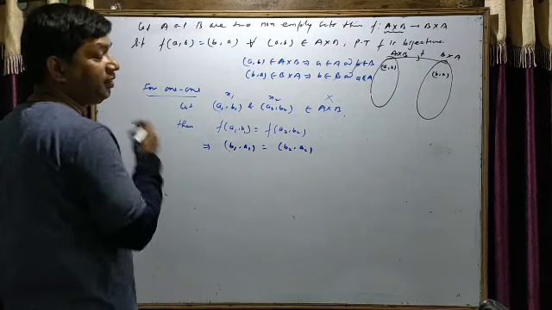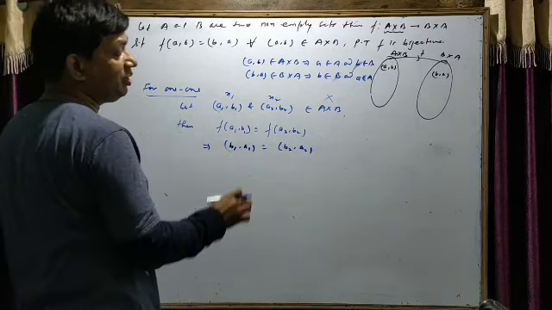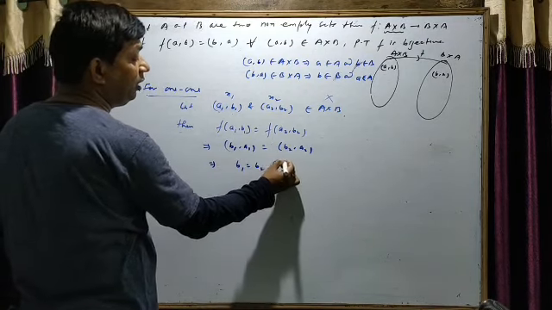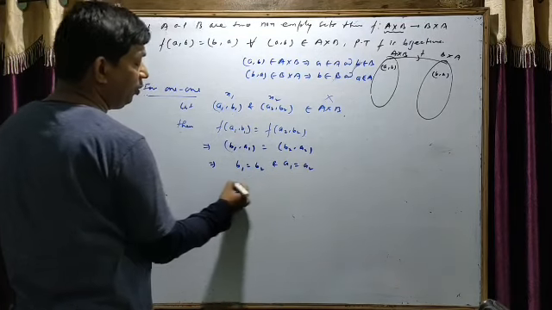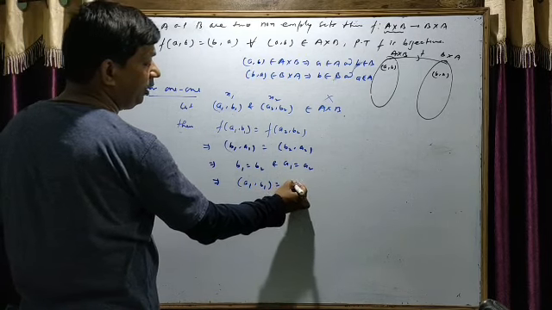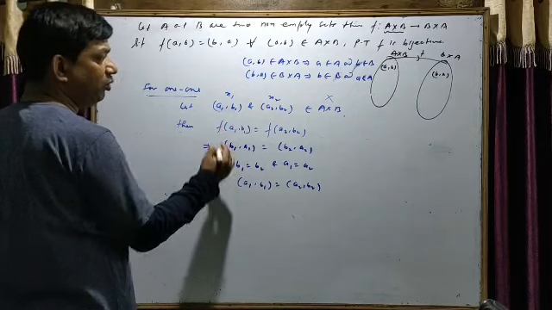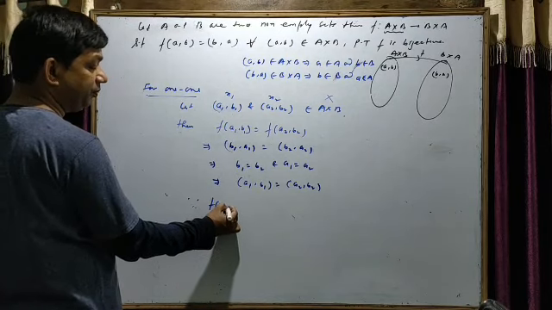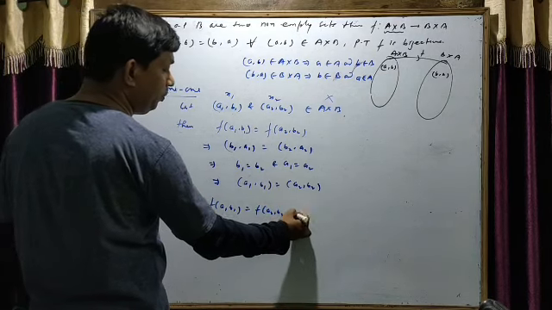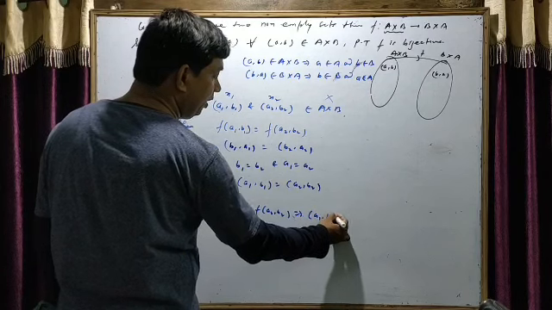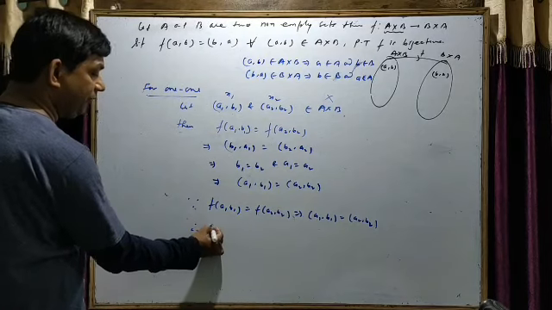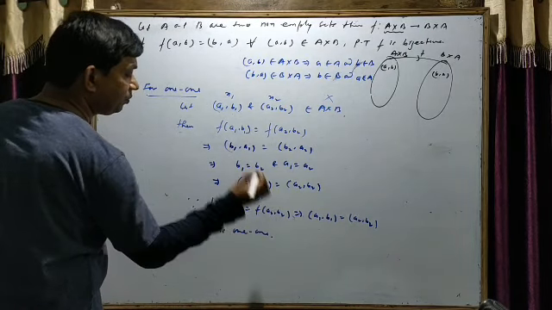So what you observe, if two ordered pairs are equal, that means first component is equal to first and second component is equal to second. So this implies b1 equal to b2 and a1 equal to a2. So we are free to say (a1, b1) equal to (a2, b2) we can write. Since f of (a1, b1) equal to f of (a2, b2) implies (a1, b1) equal to (a2, b2), therefore f is one-one.